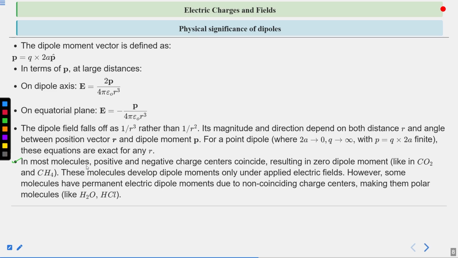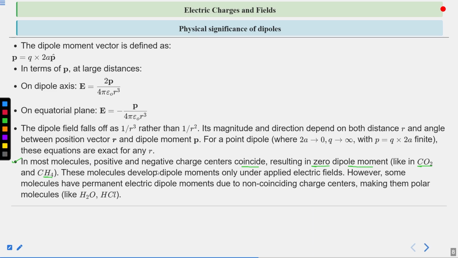In most molecules, the positive and negative charge centers coincide, resulting in zero dipole moment. Examples of such molecules are carbon dioxide and CH4. Clear?